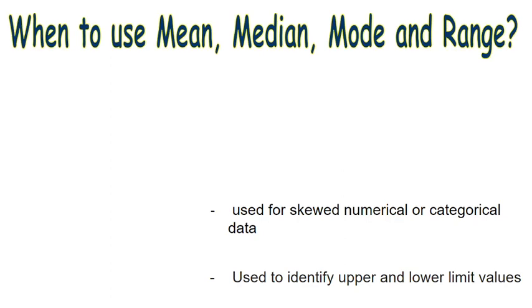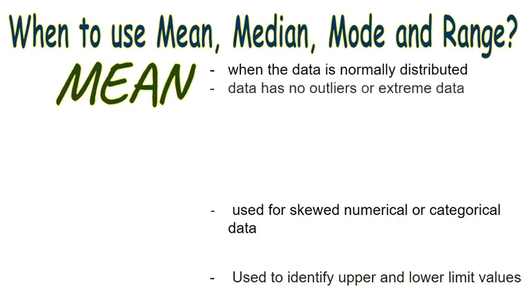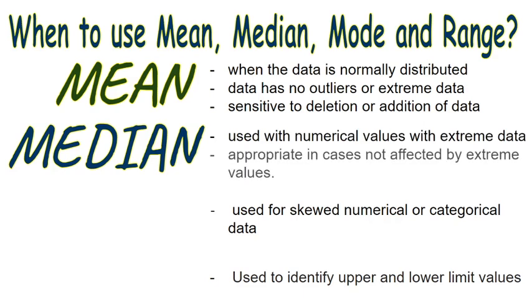So when do you use the mean, median, and mode? The mean is used when the data is normally distributed, the data has no outliers or extreme data, and it is also sensitive to deletion or addition of data. And the median is used with numerical values with extreme data, and it is appropriate in cases not affected by extreme values.